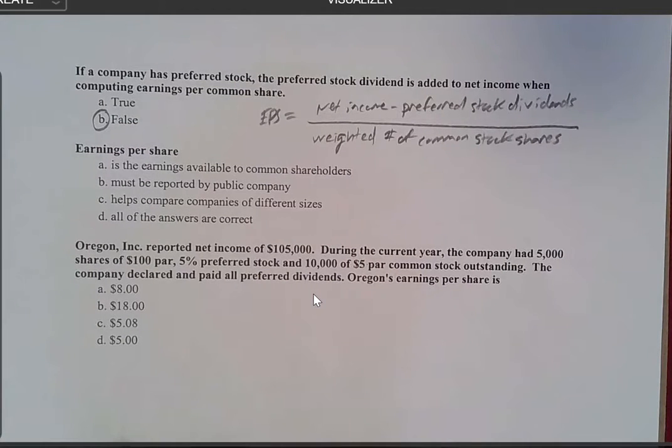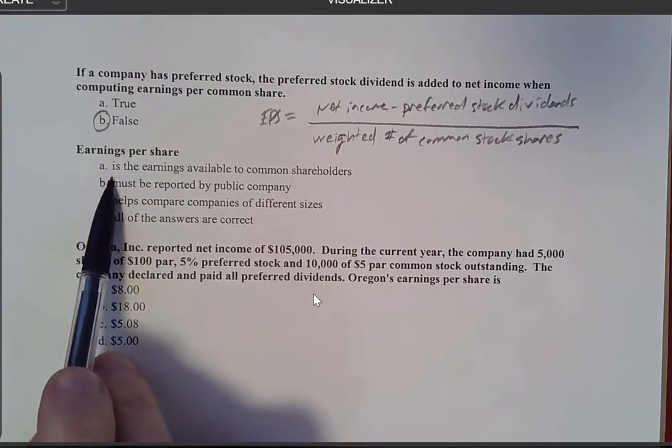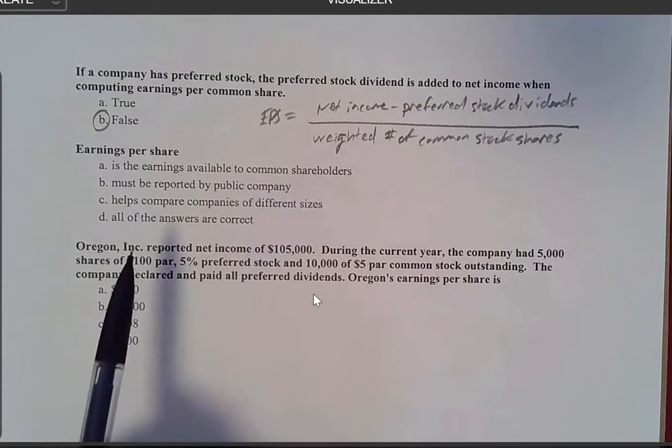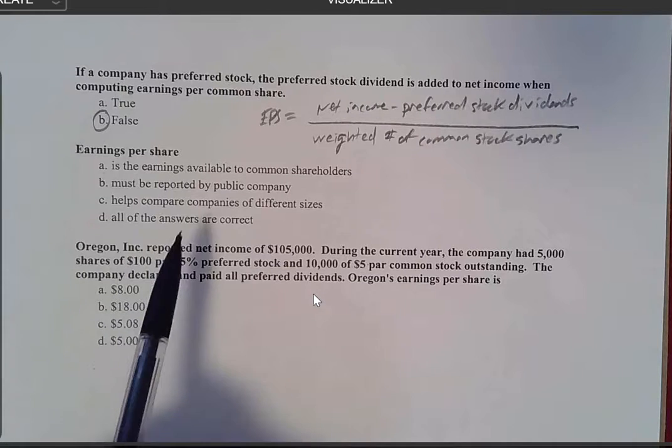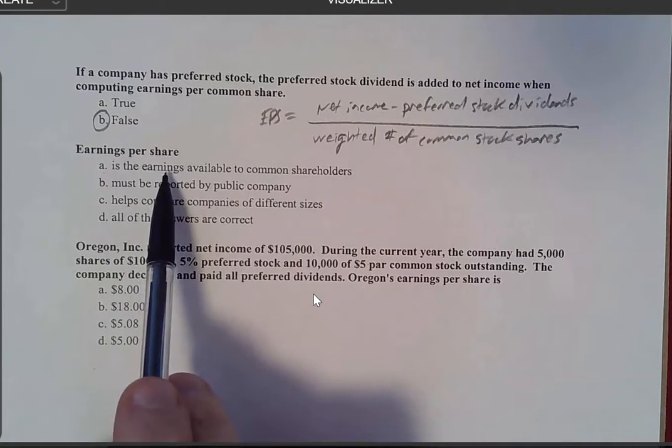Earnings per share. Why do we need it? We've got four choices here. Earnings per share is the earnings available to common shareholders. Well, net income is earnings.